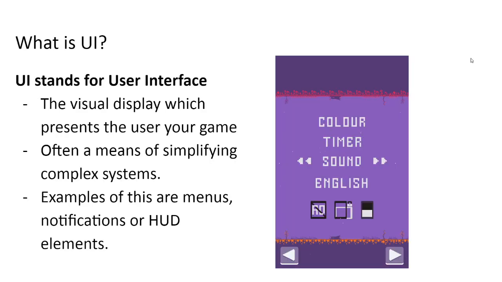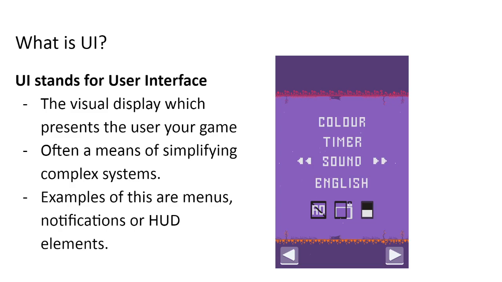So let's go to the foundations. What is UI? Most of you, I assume, would know what UI is. It's a pretty well-known term, known outside of games, and it's basically the interface that you interact with. Often, this is simplifying complex systems.